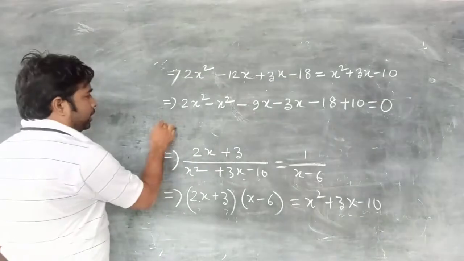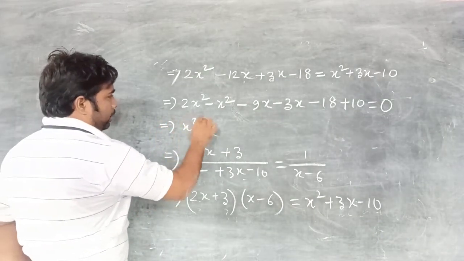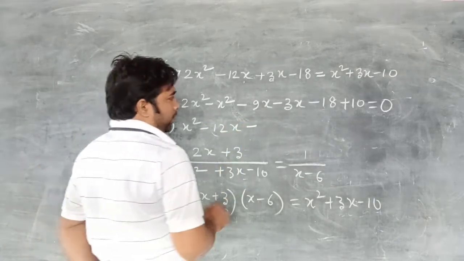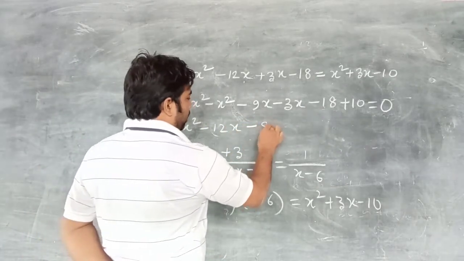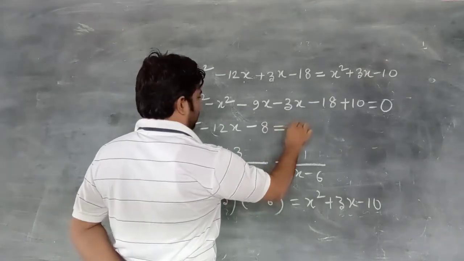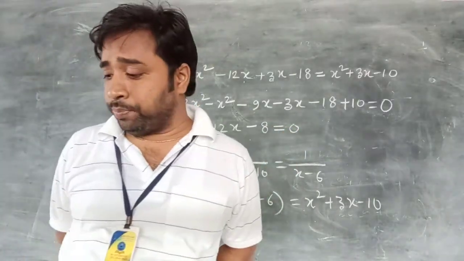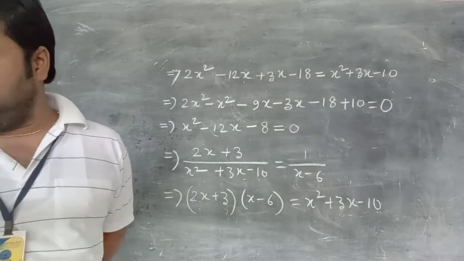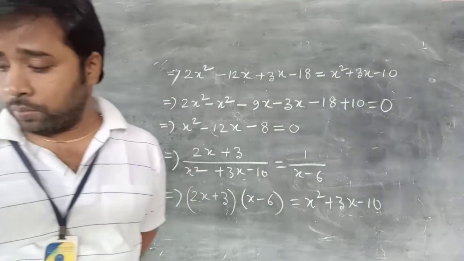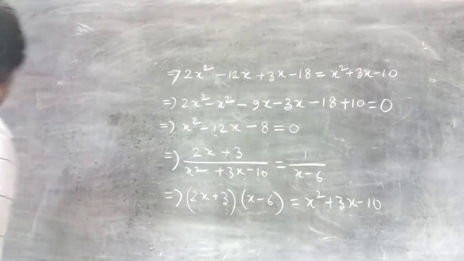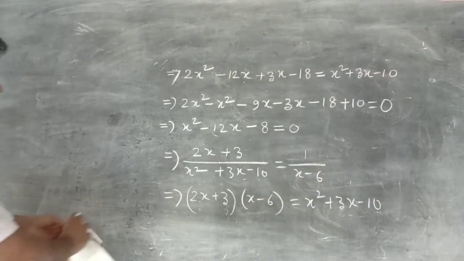So this is twice x square minus x square is x square minus 12x minus 8 equal to 0. Now see, here we cannot apply middle term factorization. So we have to apply the formula, and find the value of x.